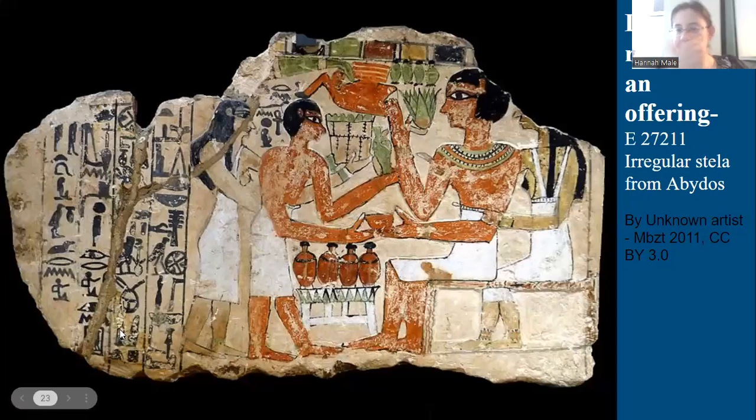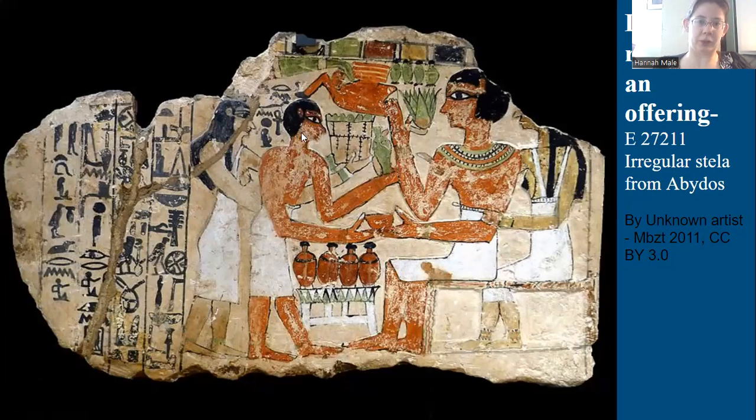This is another stele from Abydos as well, from the Louvre, that is also a little bit differently shaped than you usually see. I think it's a husband and wife that are receiving an offering.